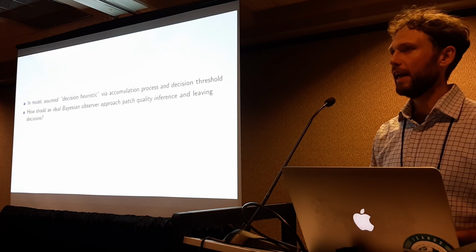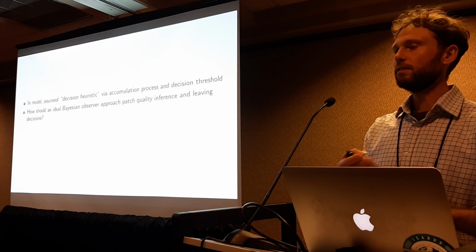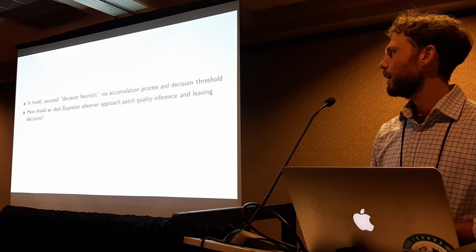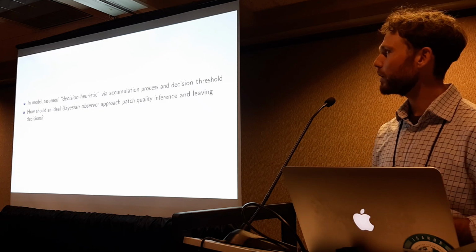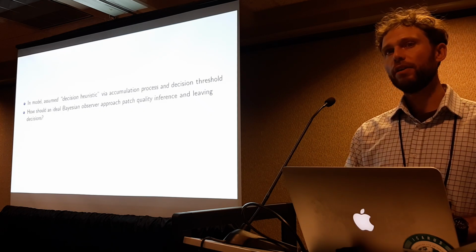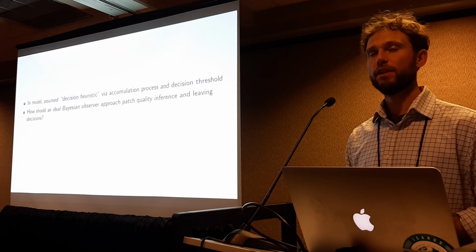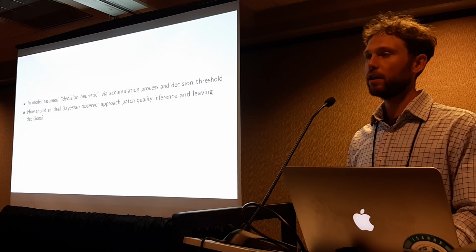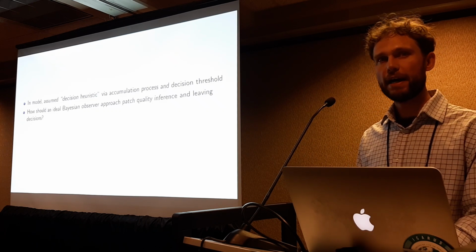There are some limitations to that, because it seems close to optimal. A different approach is to step back and ask how a Bayesian observer would approach the question of inferring the patch quality and the current rate of food intake, especially with non-continuous rewards and an uncertain environment, and then how this observer would decide to leave the patch.